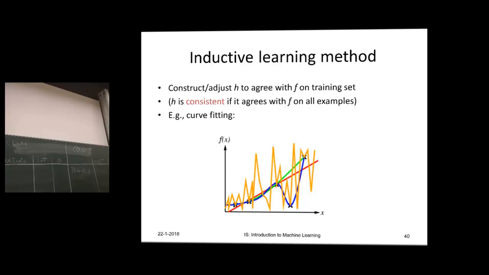The blue one might also be good, but that depends on the data, so you would have to check for new unseen data. But it's also clear that the orange one will be an overfitting. It will be maybe okay with your data that you have for training, but the chance that you find a new data point that is on this line is relatively small unless you know the perfect function.